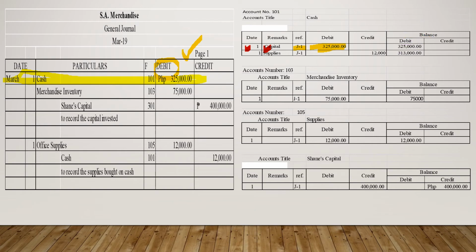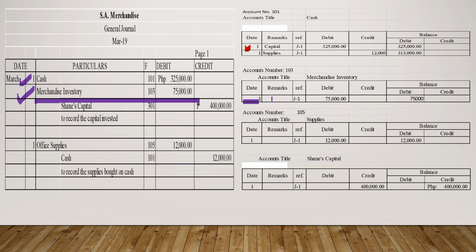So, next natin i-analyze is, syempre, after natin ng cash, we have merchandise inventory. So, ito naman yung ating itatransfer papunta dito sa side na ito. So, ito yung ating column ng merchandise inventory. We have March 1, the date.